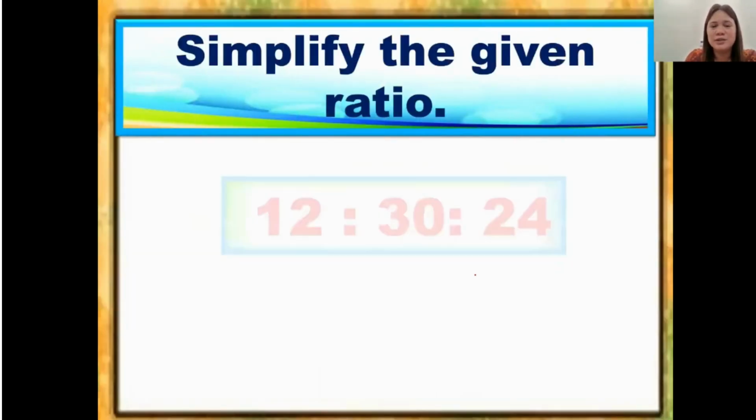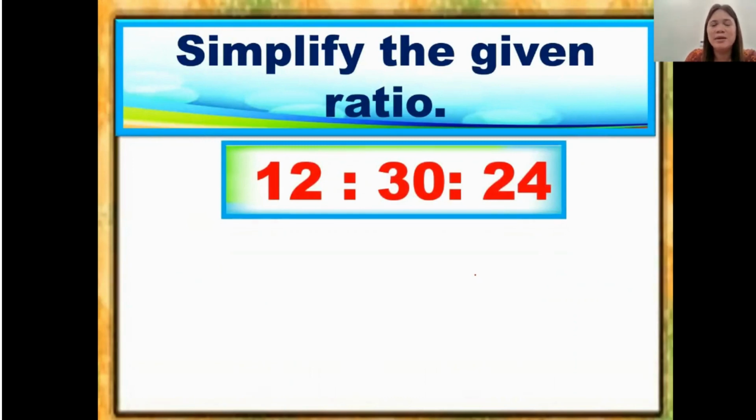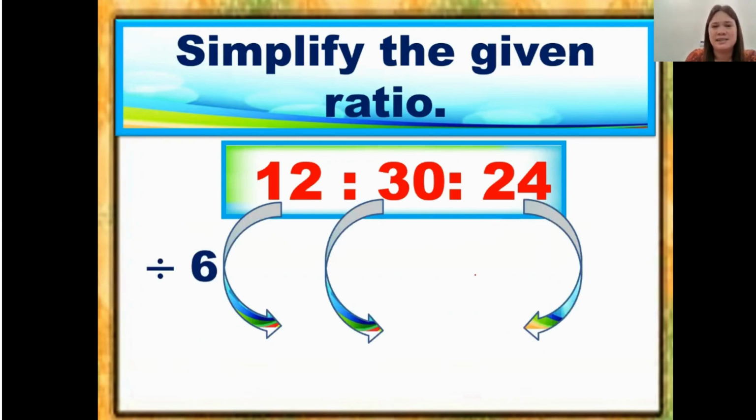Okay, so I want you to try this one. This time, there are 3 numbers in this ratio. But then again, the method or the steps are the same. Think of a number or the highest common factor that we can use to divide each of these numbers. So what is the highest common factor, year 8? Yes, so we will be dividing 12, 30, and 24 by 6.